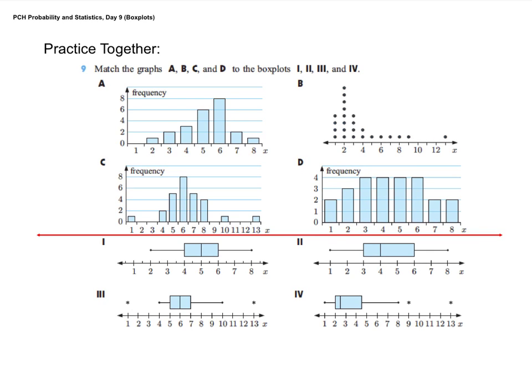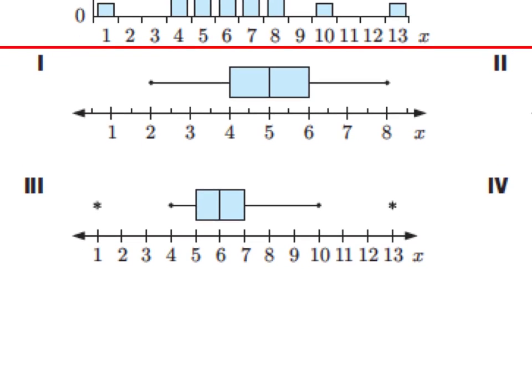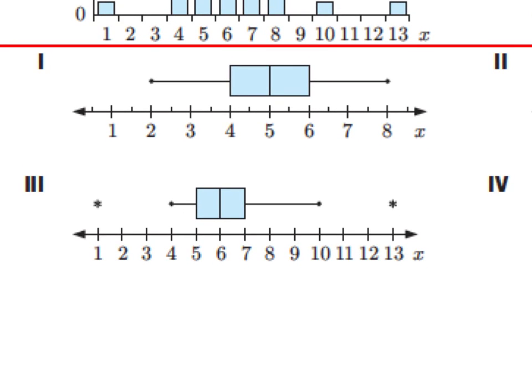I'll put this in here. You can take a look at these and try to match up the box plots a little later, but you can see examples here. I'm going to zoom in on these. Notice in this example, your IQR is 2. It goes from 5 to 7, right?